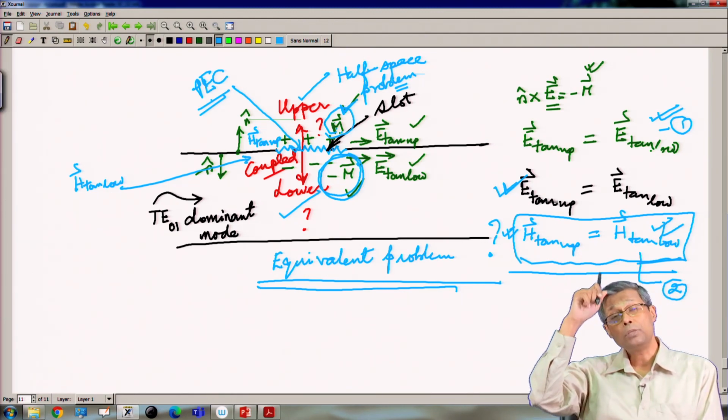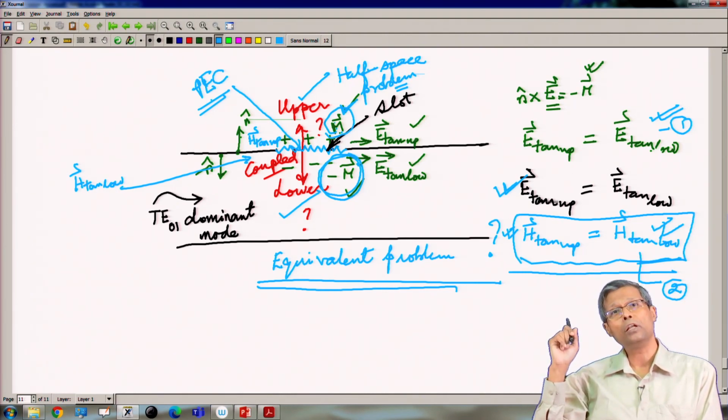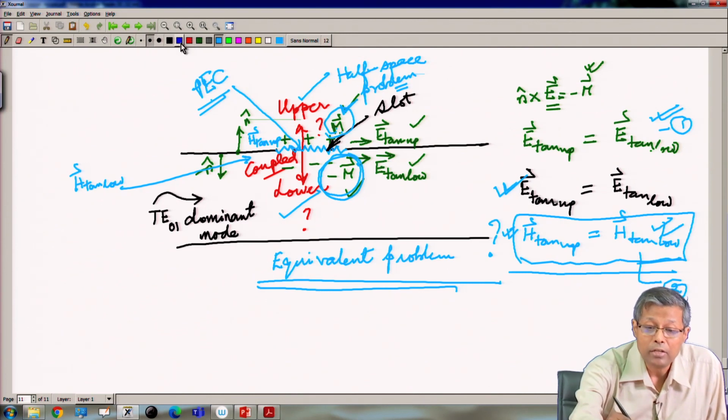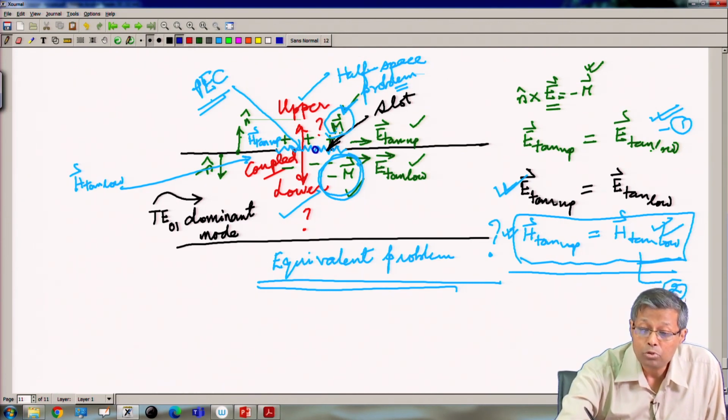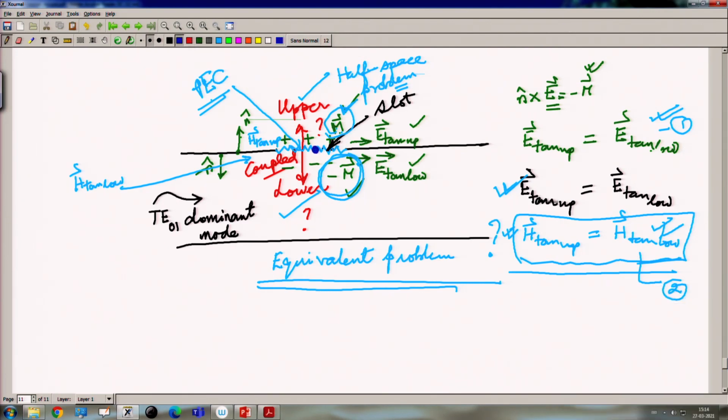So, similar to the case of the electric current source and Pocklington's integral equation, I will assume a point magnetic current source to be located here, and find the radiated field for this point magnetic source in the upper part of the problem.